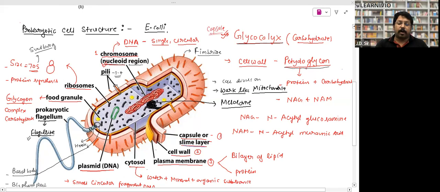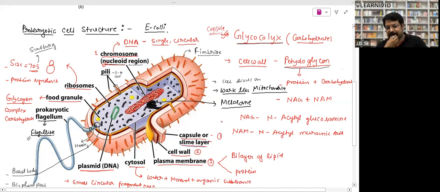It is made up of a component called peptidoglycan. Peptido means protein and glycan means carbohydrate. It has two components named NAG and NAM. NAG stands for N-acetyl glucosamine and NAM stands for N-acetylmuramic acid, right? So NAG and NAM are found in this cell wall.